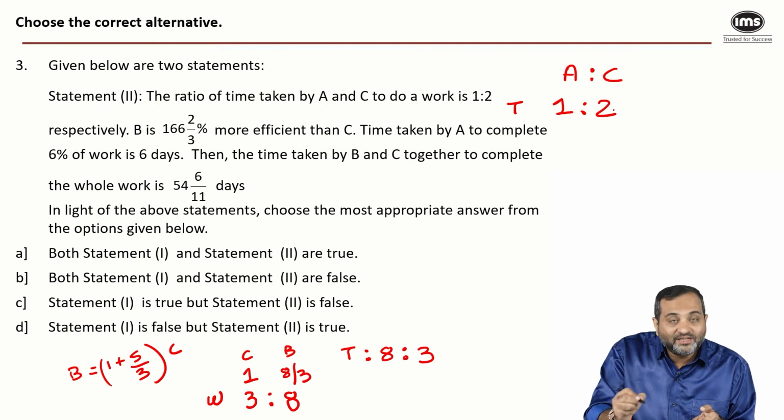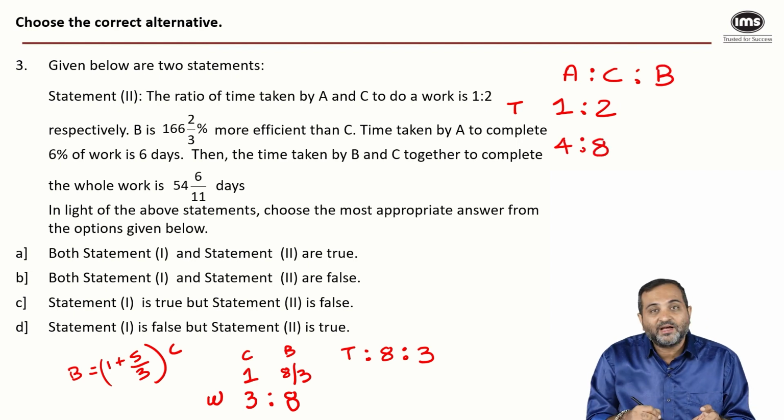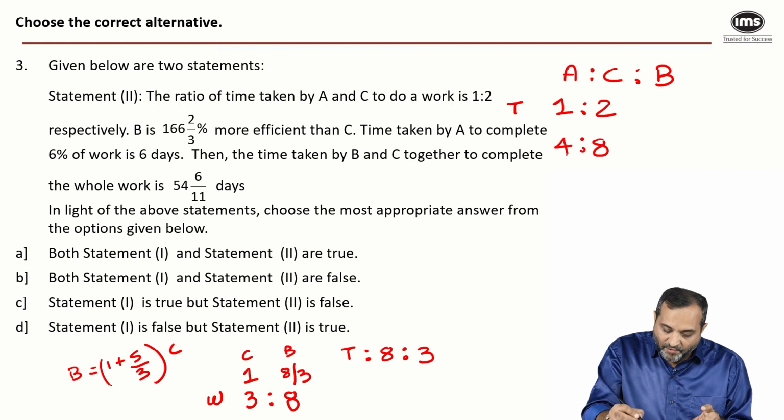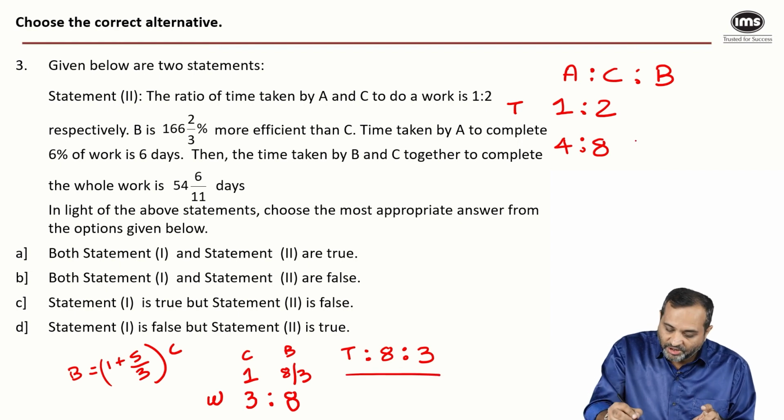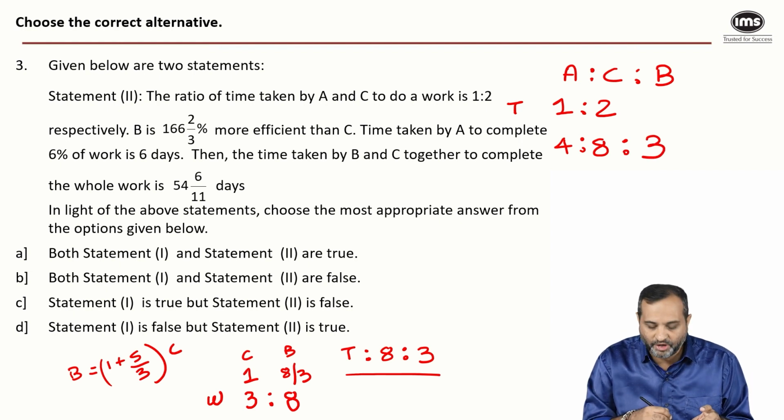Now, can you write this 1:2 as a 4:8? So what is the ratio of time taken by A, C and B? When A takes 4 days, C takes 8 days, and when C takes 8 days, B takes 3 days. So ratio of time taken is 4:8:3.